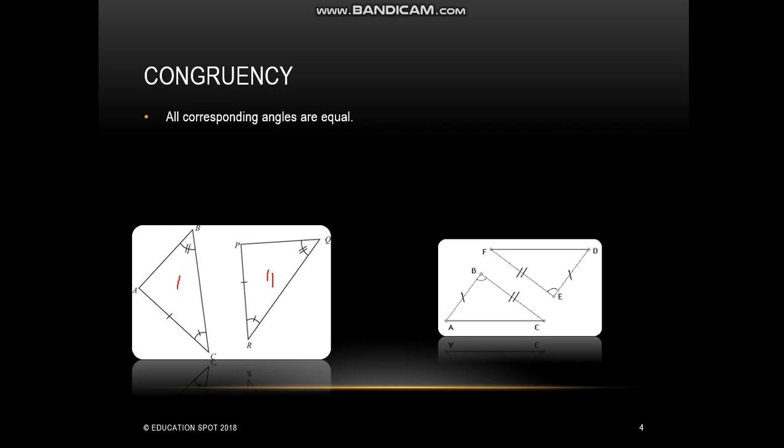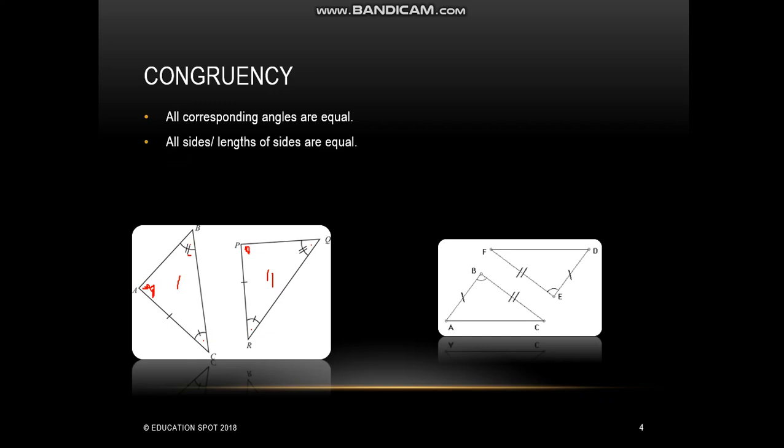So we have this angle here, which is identical to this angle here. And then we have this angle here, which is identical to this angle here. And by default, the angle right here is going to be equal to the angle right here, right? Which means both these triangles are congruent to each other.